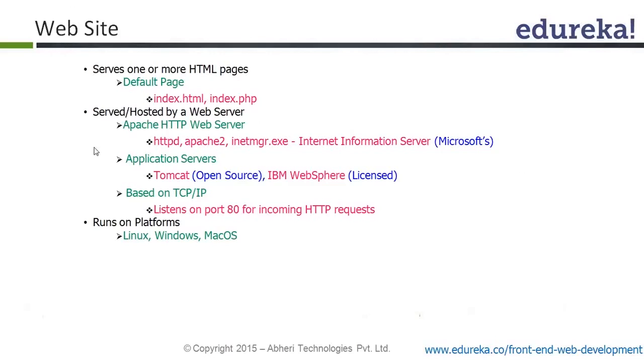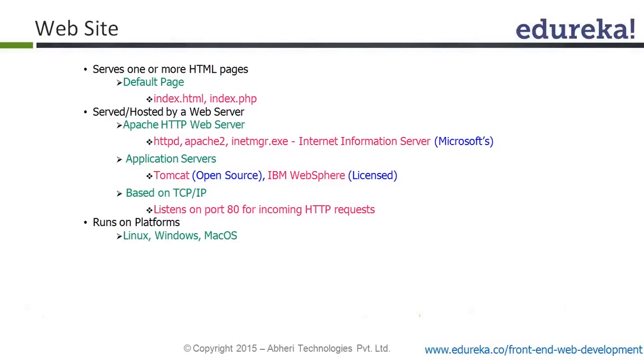And note that when I say website, think of it as one or more HTML pages. For now I just said HTML pages, but it is composed of CSS and JavaScript files as well. Just for simplicity, when I say HTML page, it will combine all three: HTML, CSS, and JavaScript.